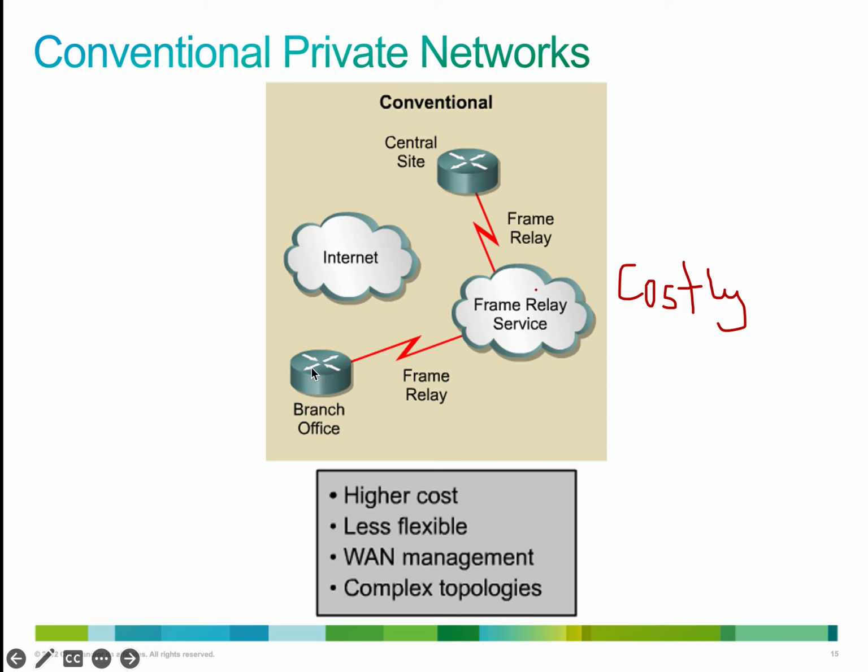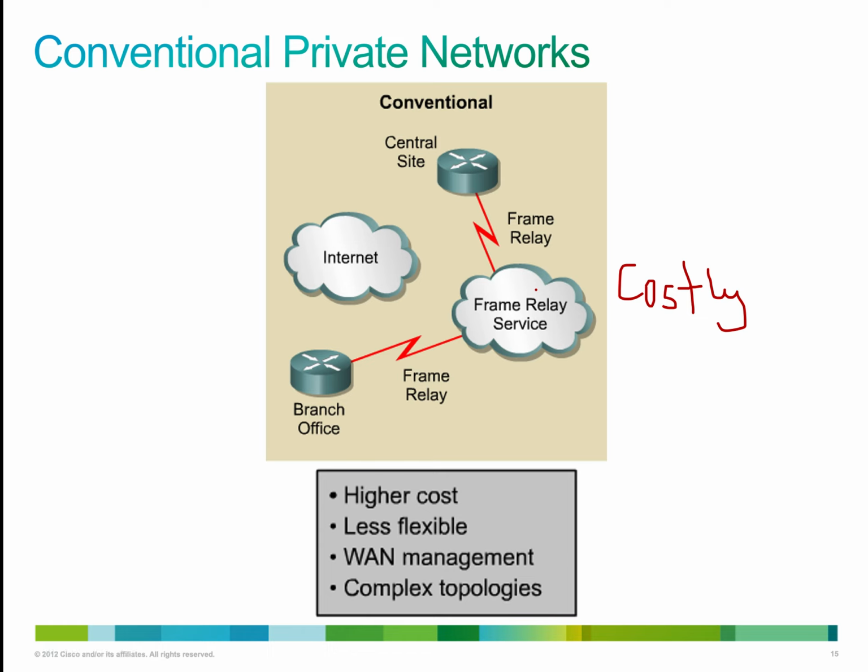It goes from one office to another without going through the normal public internet. This is what we call the conventional private network, and it is very expensive. It's going to cost your business a lot.